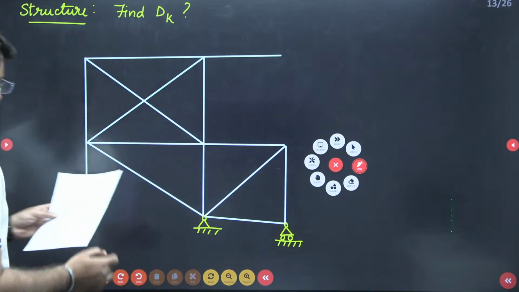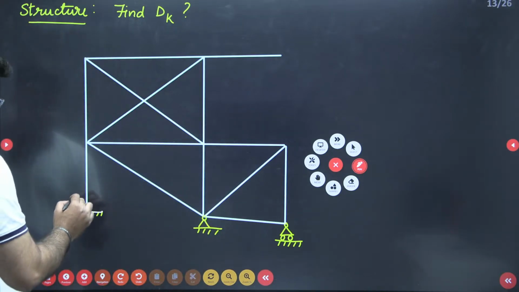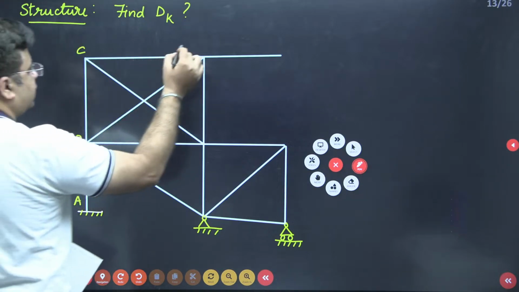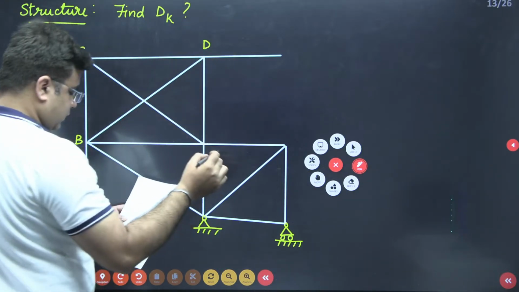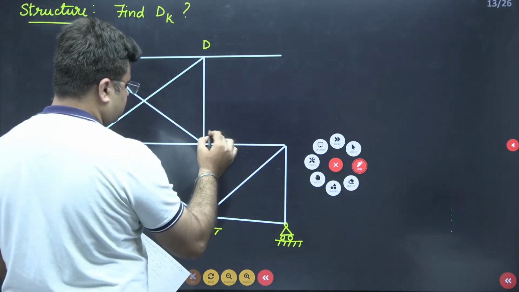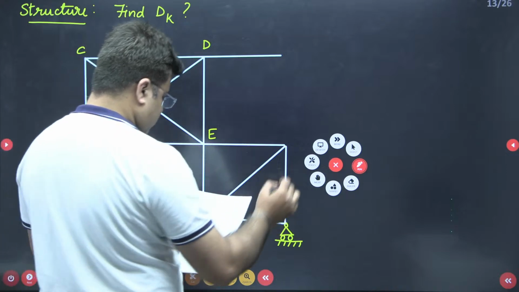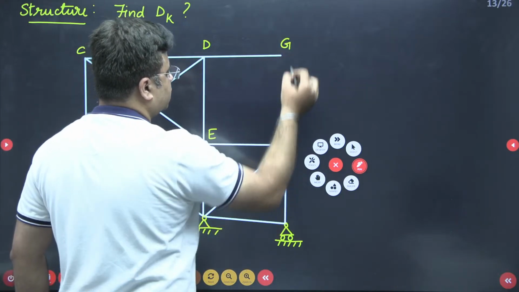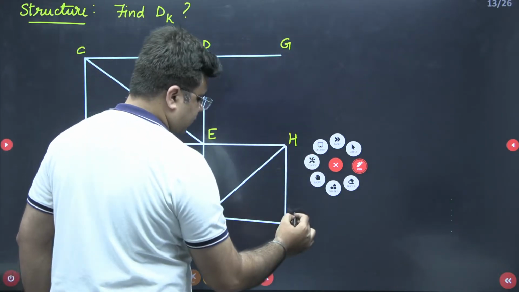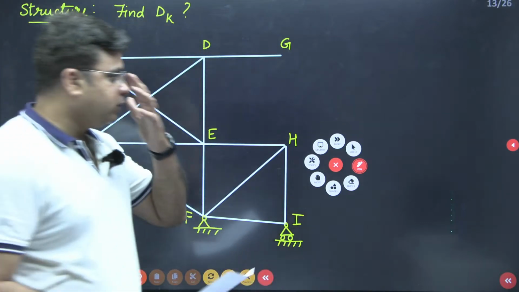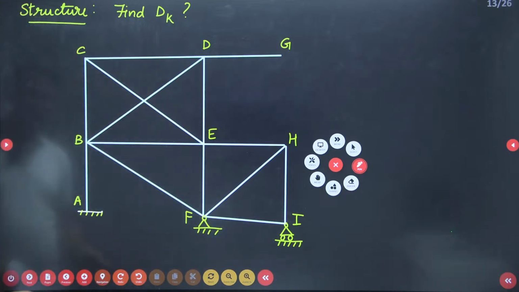Okay. So this is your point A, B, C, D. Then this is E, then F, then G, H, and this is I. This is such a simple question. What you need to do is count the number of joints.